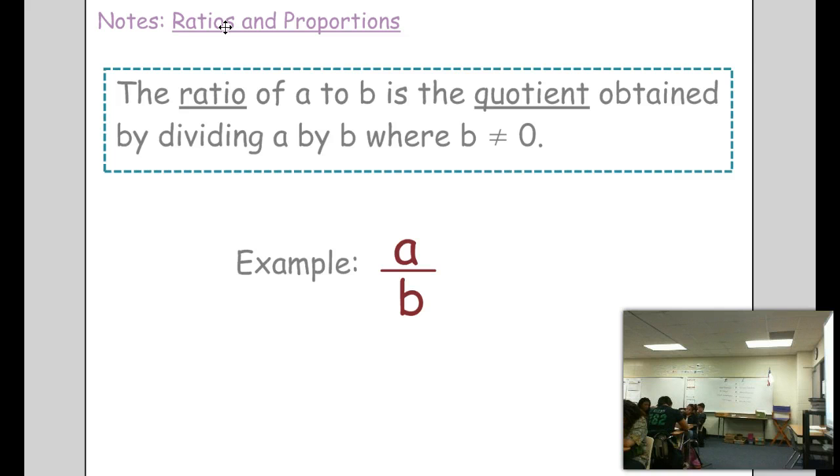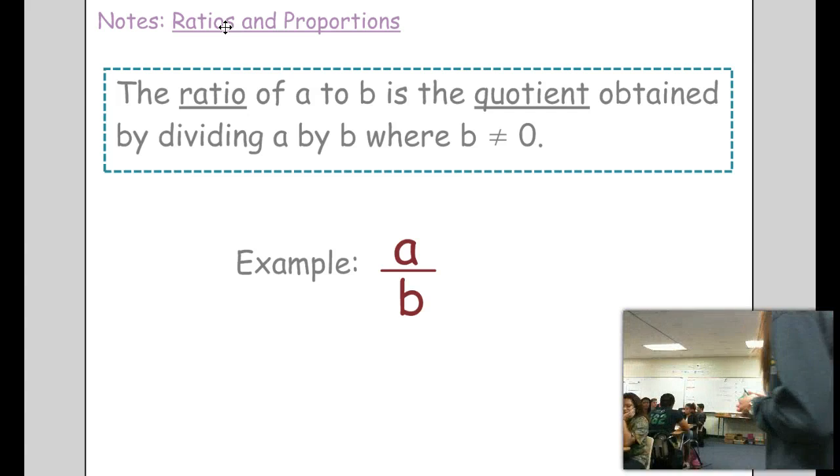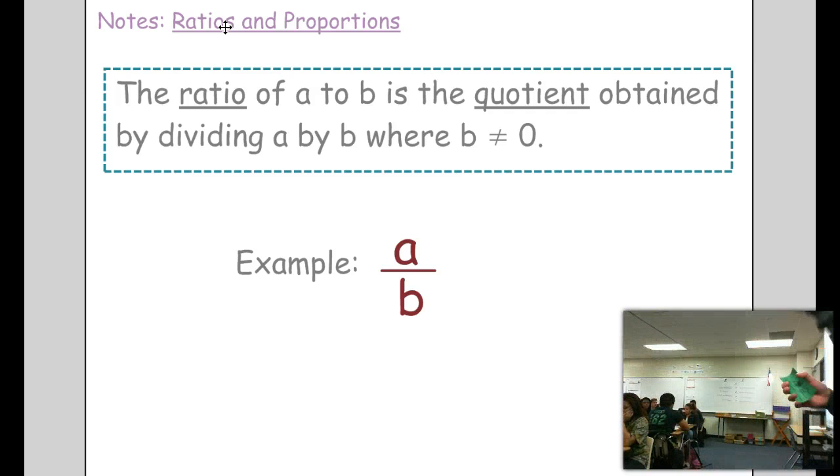Raise your hand to tell me why B cannot equal 0. Torin? No, 0 is neither positive nor negative. No, it's not because one's a number and one's a letter.